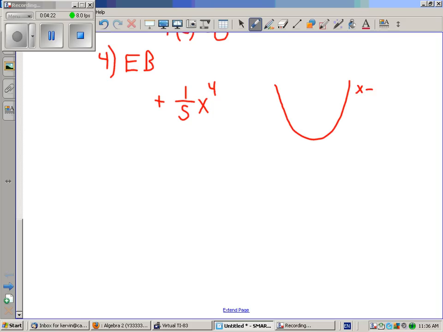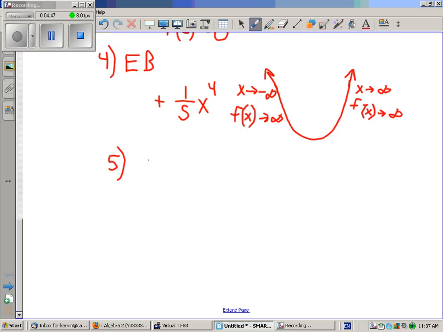When x approaches infinity, our function is going to approach infinity as well. When x approaches negative infinity, our function is still going to approach infinity. It's going to go up to the left and up to the right. So that gives us an idea of what our graph looks like on either side.